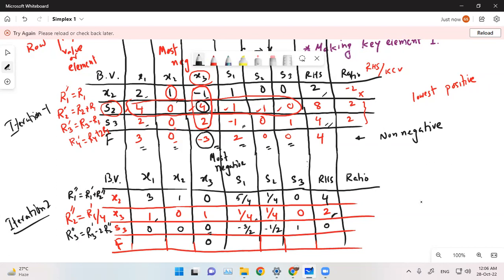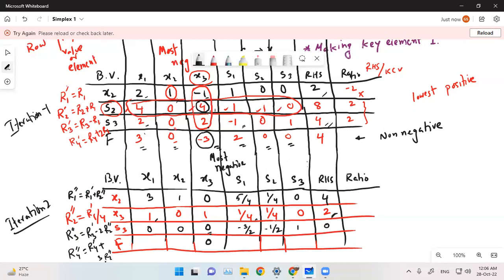Similarly, the fourth one, that is R4 double prime. So it is minus 3. So what we have to do is R4 plus 3 R2 double prime. So 3 R2 double prime. Okay.